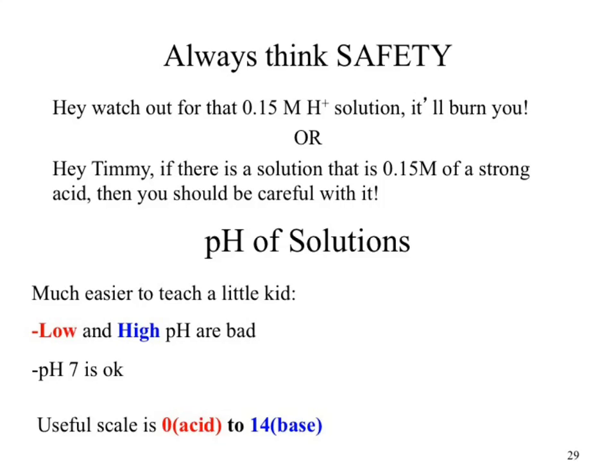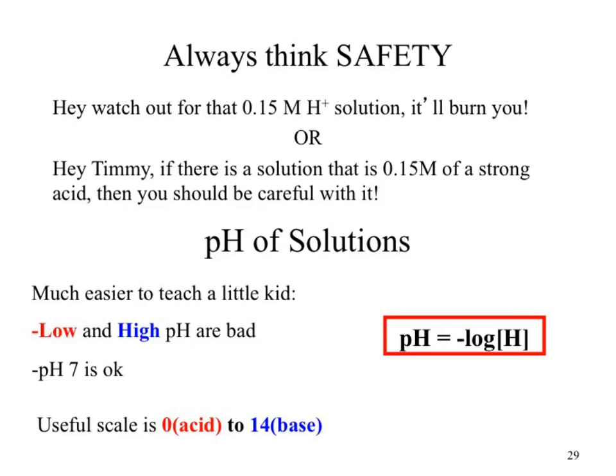Don't touch that. Or it's a pH of 7. That's okay. Go ahead and touch that. Okay? So it gives us something to relate to and come back to as far as safety. So your pH is just the negative log of the H concentration.